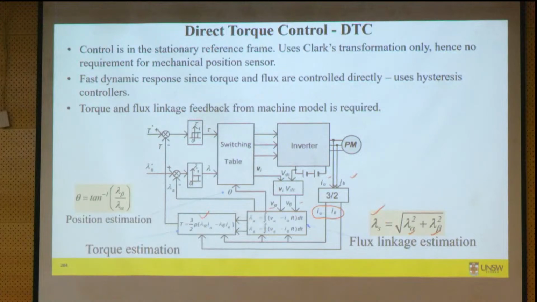This switching table could be a lookup table, and the output of this lookup table is the space vector information, or which switches need to be turned on and for how long. Accordingly your inverter turns on and off. So we don't use PWM, we don't use SVM. We simply use the output of a switching table to switch on certain switches at certain times.